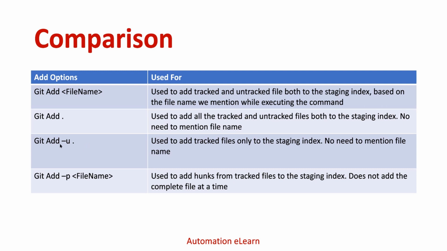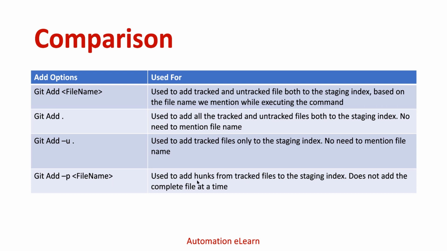And git add -u dot, which is basically the enhanced version of the second option. In the second option, it was processing tracked and untracked both. But with the third option, Git will process only the tracked files, which are already being tracked by Git. And here also we don't need to mention the file name. The fourth option that we actually did not discuss here, but I have already covered in my previous video, where we can use git add -p and a file name. So this is used to add hunks from the tracked file.